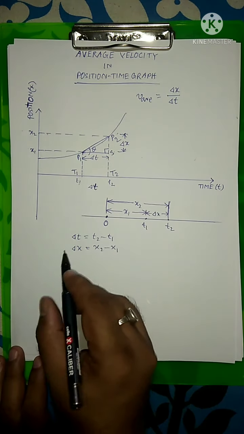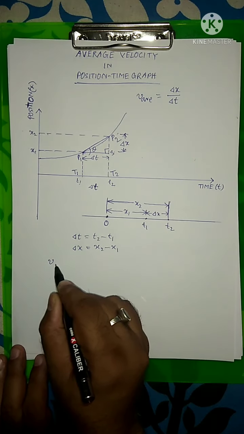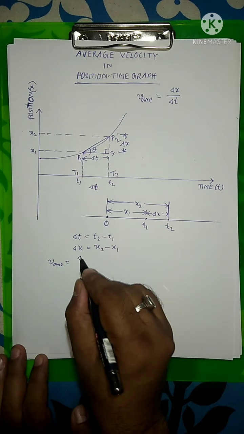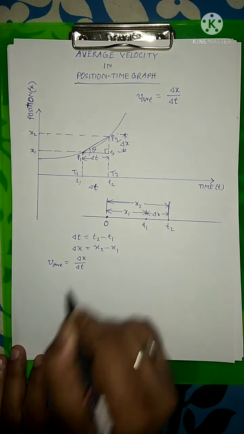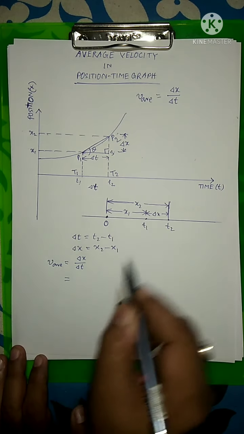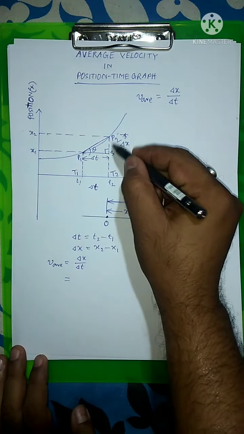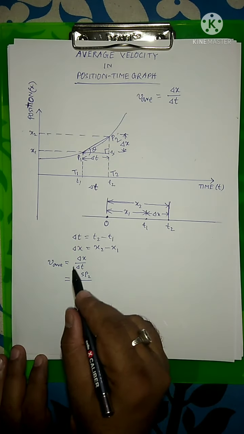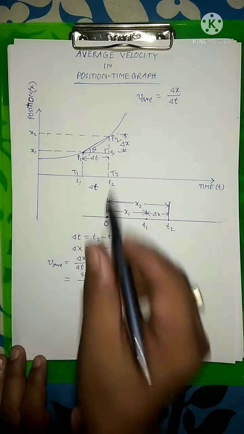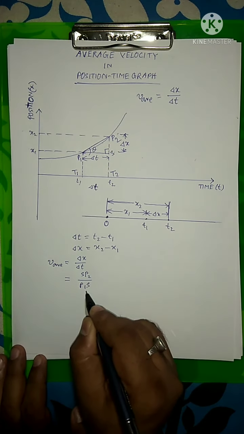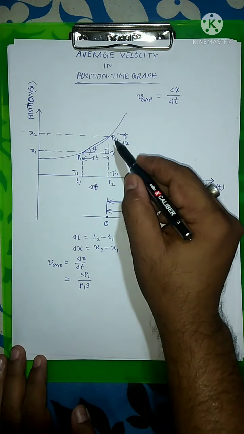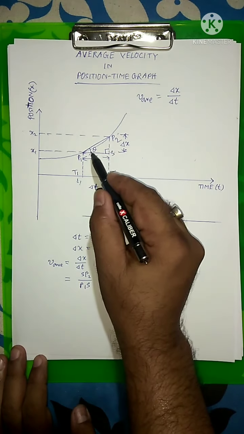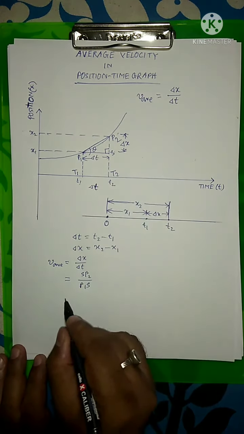Now, the average velocity V average is equal to delta x upon delta t, which is equal to, in place of delta x we can write SP2, in place of delta t we can write P1S, and from this triangle we see that SP2 divided by P1S is equal to the tangent of the angle theta.